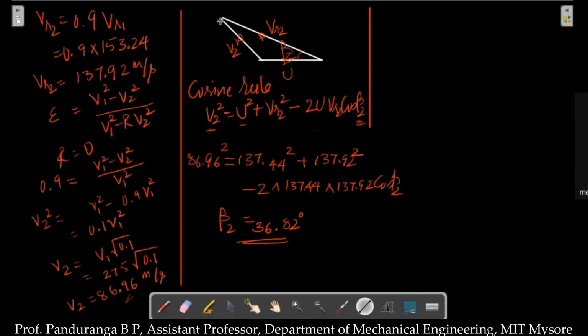So I will complete this velocity triangle. If I divide the V2 into vertical and horizontal components, then we will get VU1, VU2 and VF2. Now to find out VU2, I can use the Pythagoras theorem because I know VR2, I know U, and I know VF2. Okay, I don't know VF2.